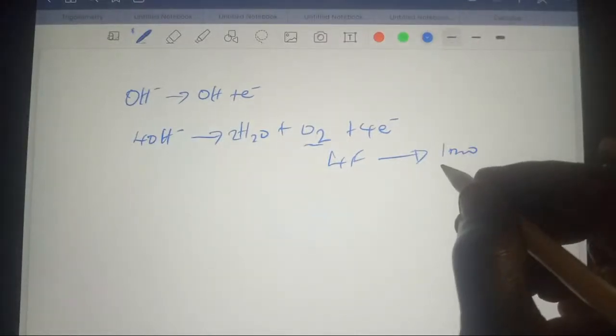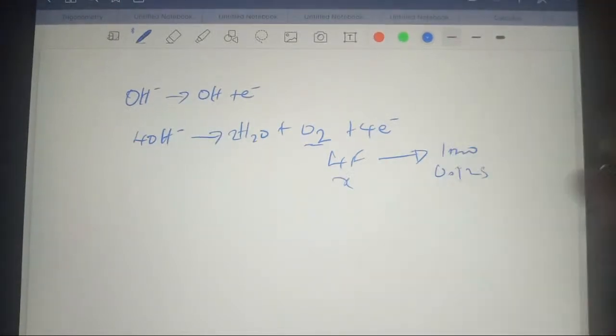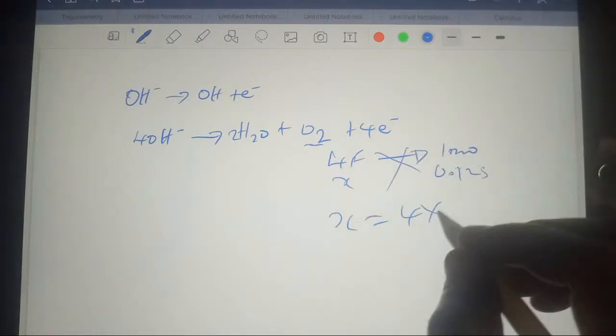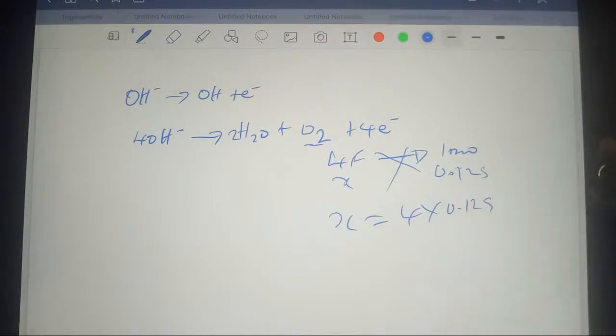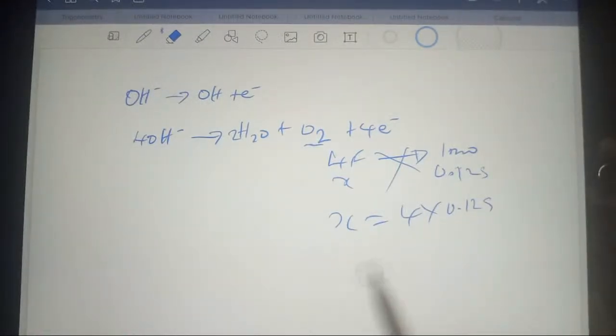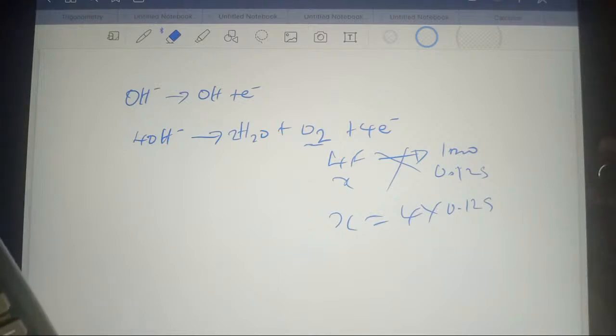So how many Faradays will be required to discharge 0.125? You call that X. Your job now is to cross multiply, where X is equal to 4 times 0.125. That should be X. When you do this, 4 times 0.125 is 0.5.